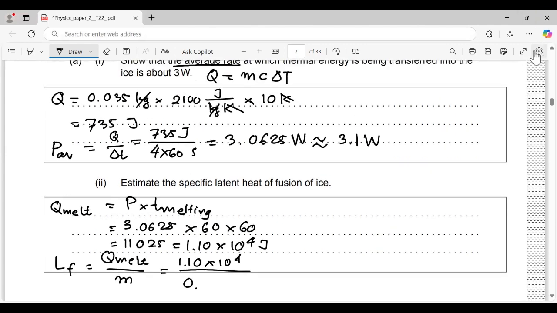This one, 0.035 kg. I will calculate, wait, on my calculator. The result is 3.1 times 10 power 5 joule kg power minus 1.